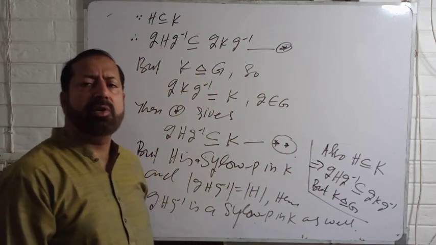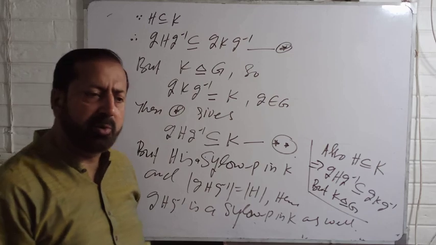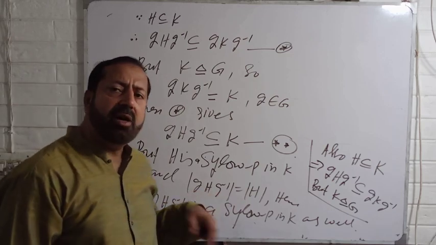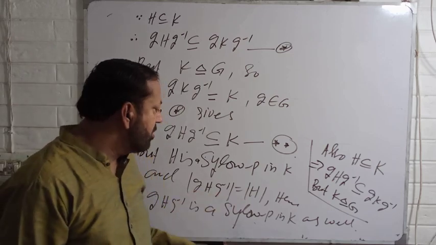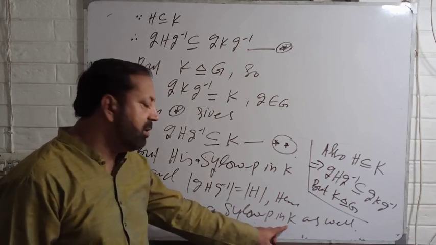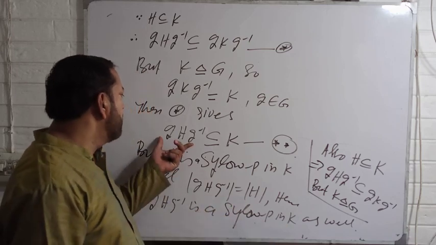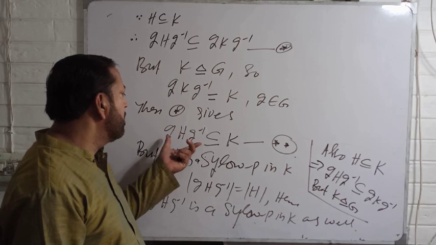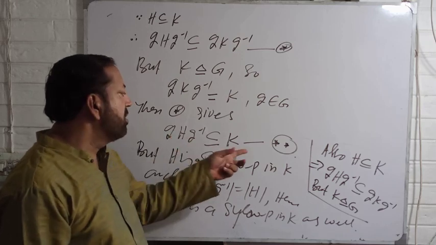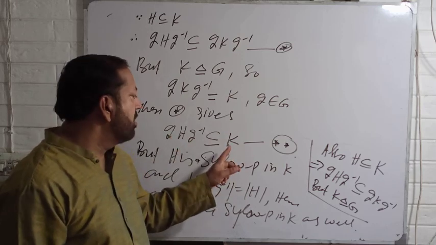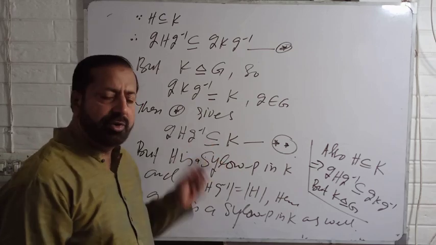Now by the second Sylow theorem, you know that any two Sylow P subgroups in a group are conjugate to each other. So you can find some y belonging to K so that ygHg inverse y inverse is equal to H, right?